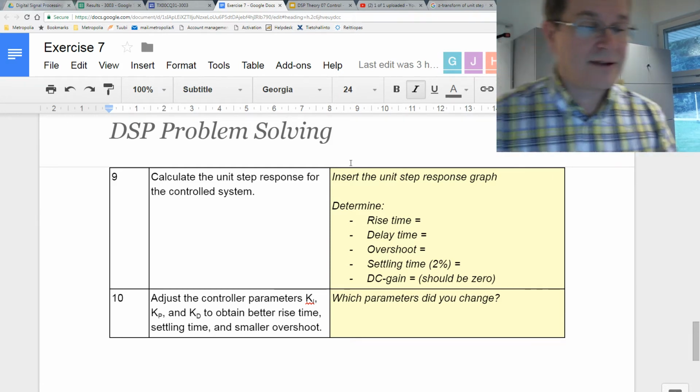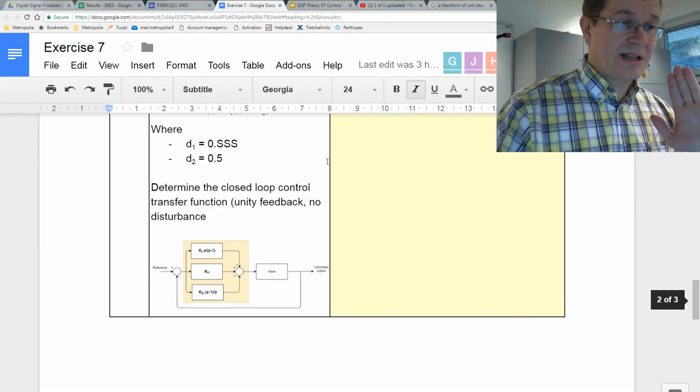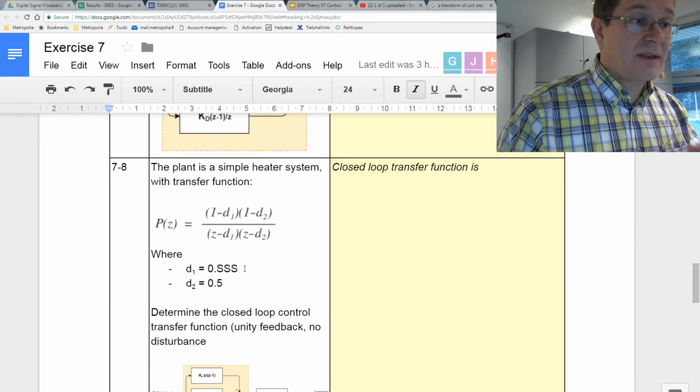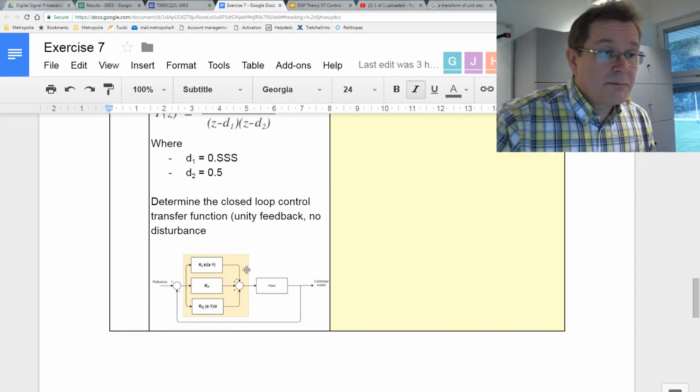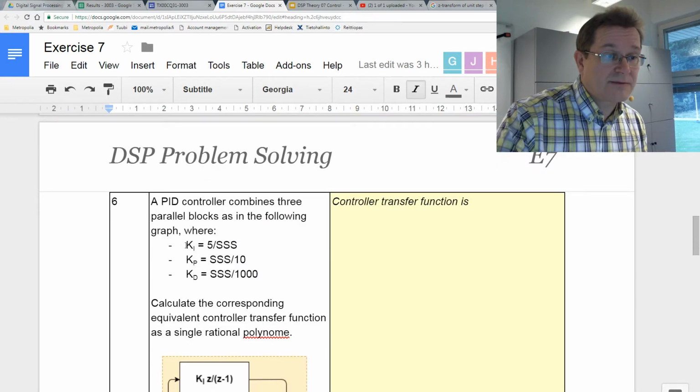Okay, and finally, my suggestion is, when you do this analysis, finally you will start filling these values.